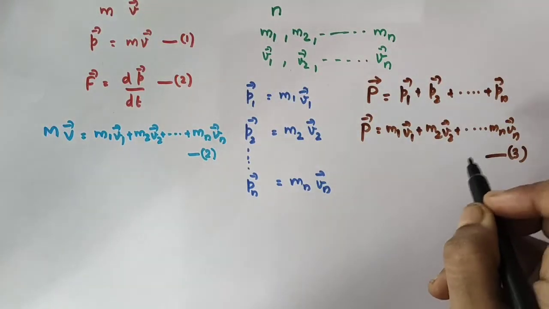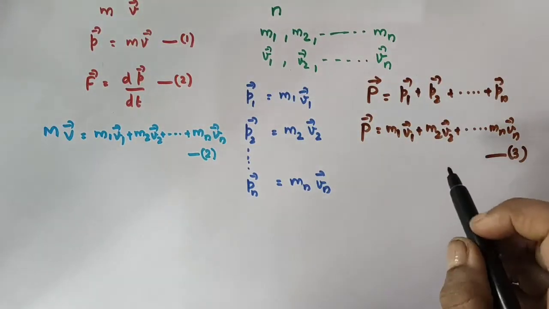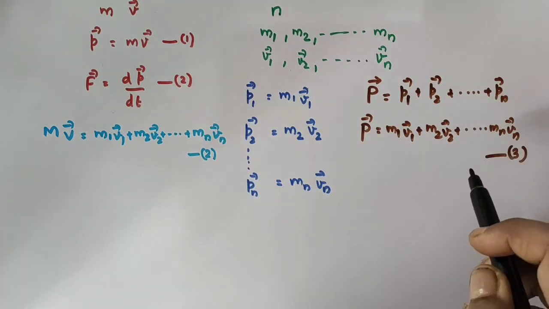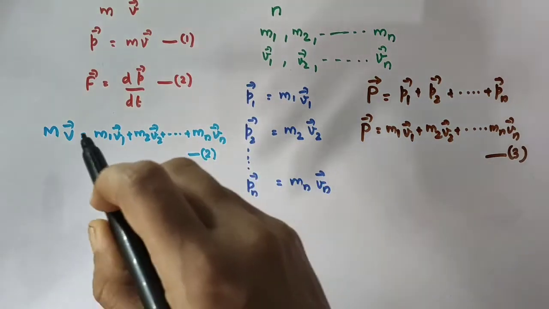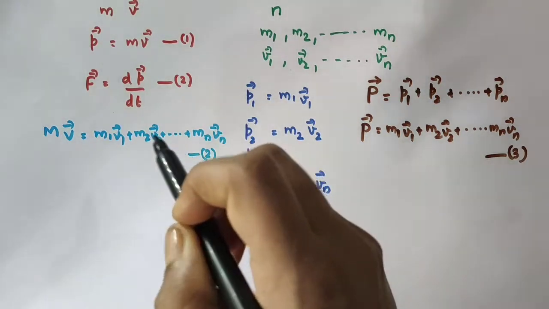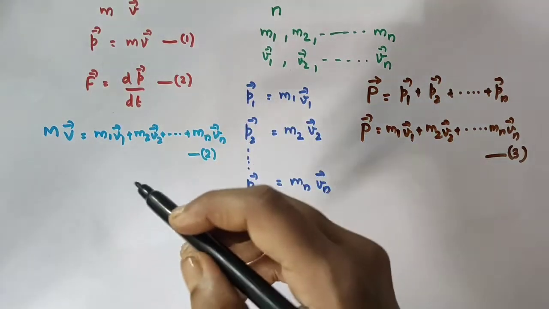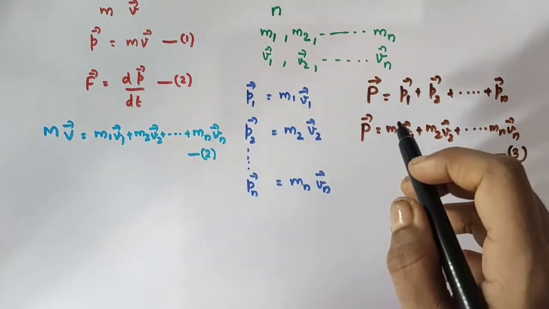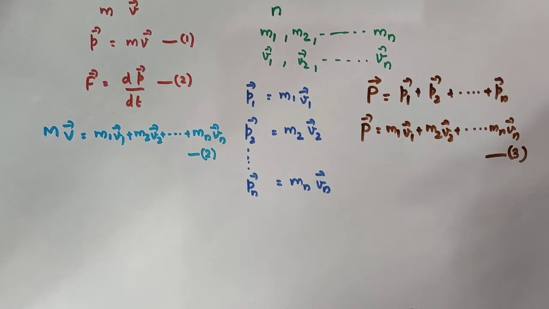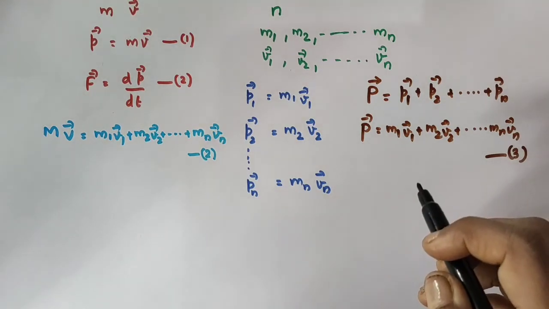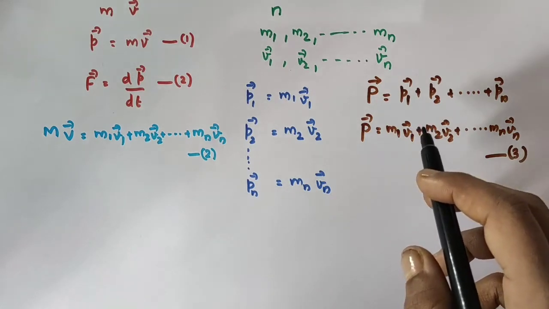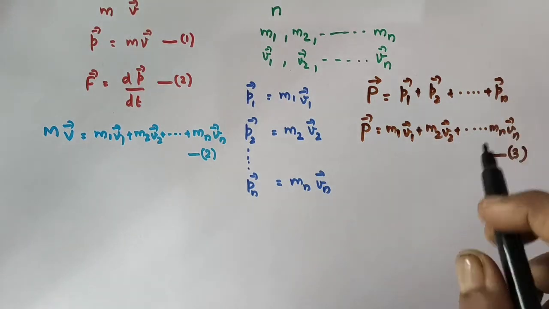From equation number 3, we have the total linear momentum of the system of n particles as this. Then in our previous video, we got one such equation, which was equation number 2 there. Now, you just compare these two equations. Here vector P is equal to m1 into vector v1 plus m2 into vector v2 plus etc. plus mn into vector vn.